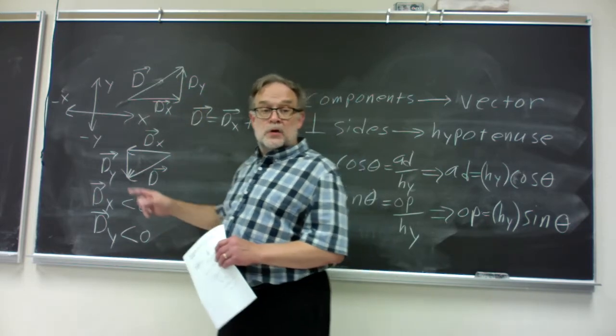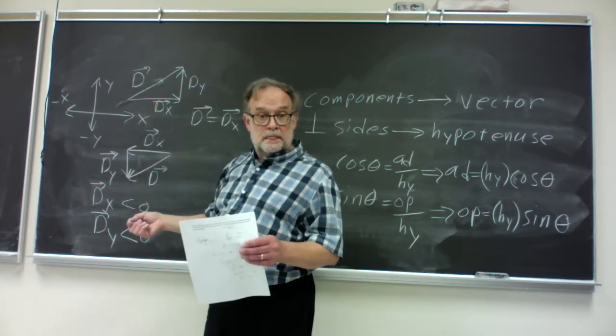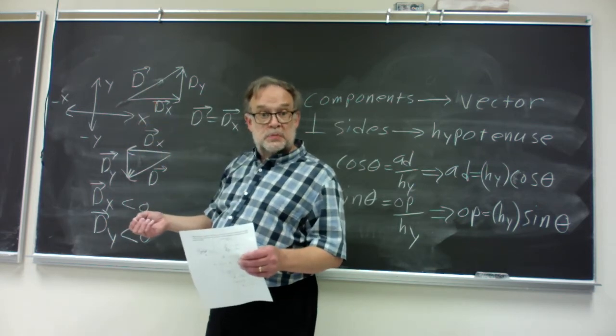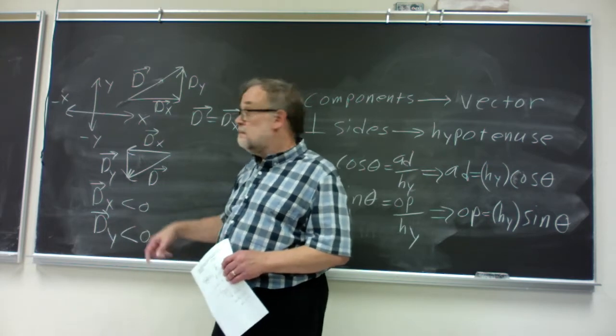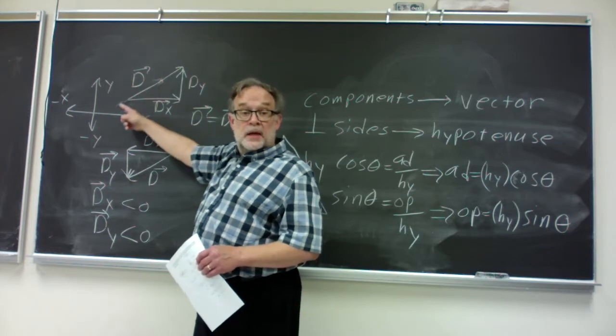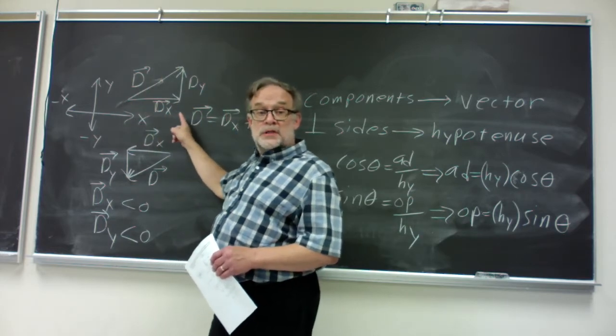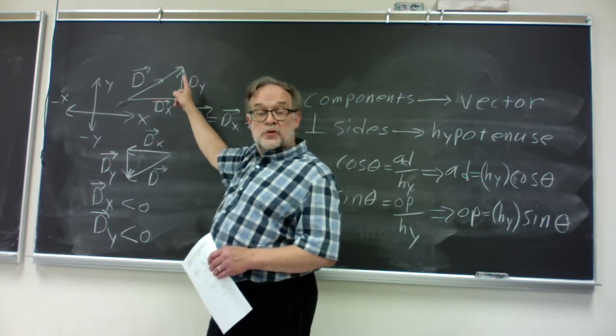But now we can think of this displacement as a sum of two other displacements that we'll call the components of D. We can think of this displacement from here to here as this much horizontal displacement plus this much vertical displacement.